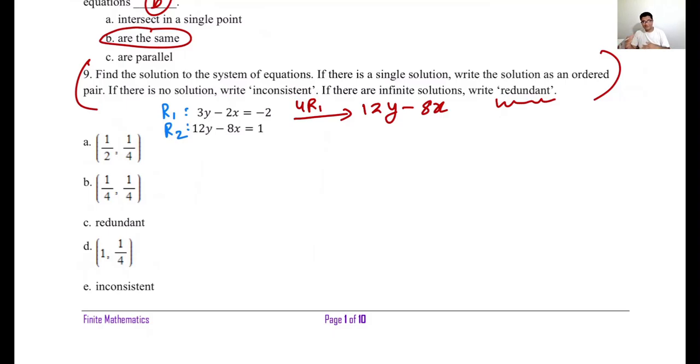That comes as a follow-up and it will have its own implications. Because when we do a row operation, you cannot multiply only the y variable. You have to multiply the whole row. So 12y minus 8x equals negative 8. Right? And let me simply copy the R2 below it.